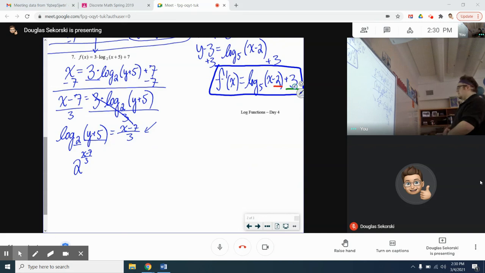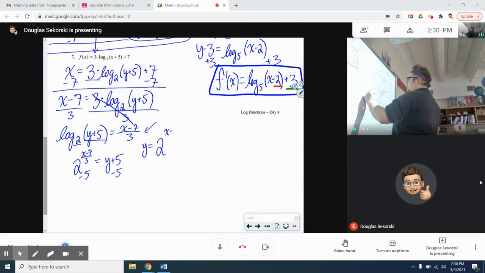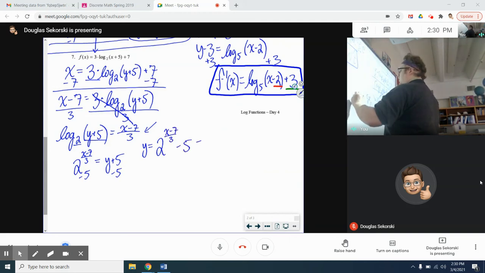So I've got the base, I've got the exponent, and it's equal to y plus 5. Subtract 5. We end up with y equals 2 to the x minus 7 over 3, minus 5.